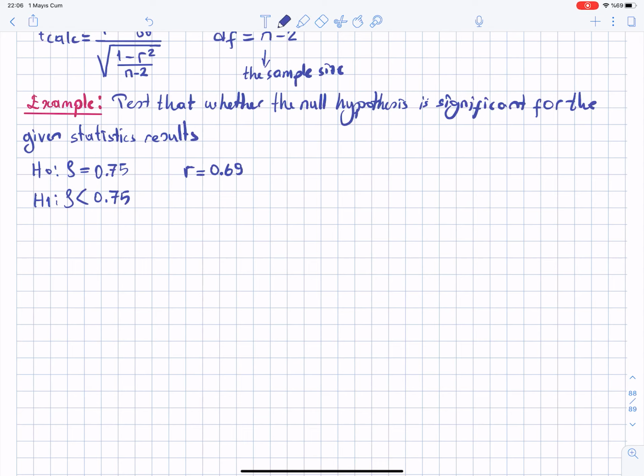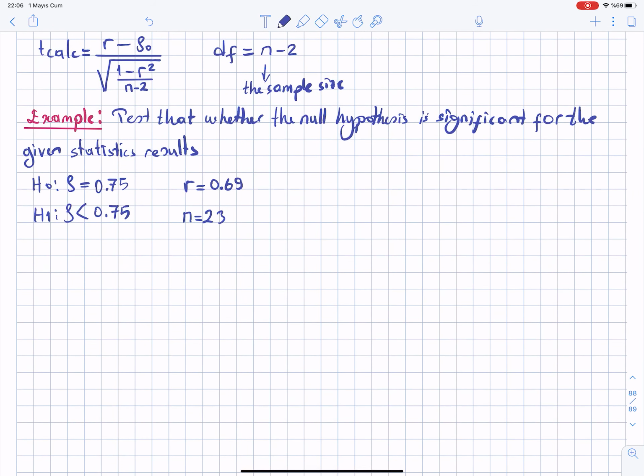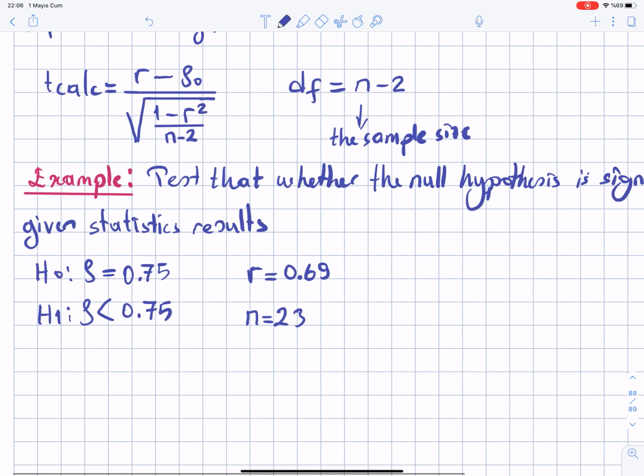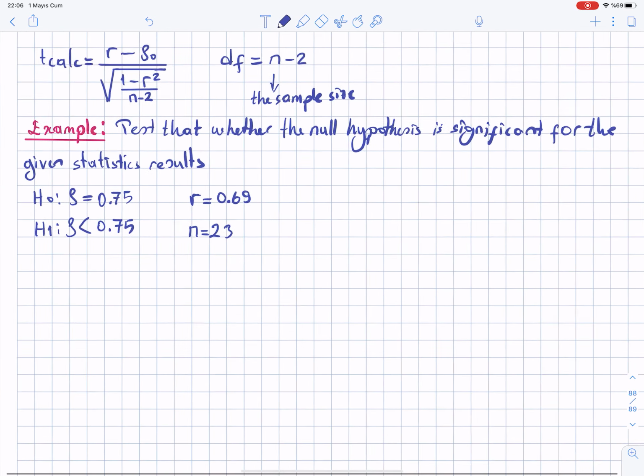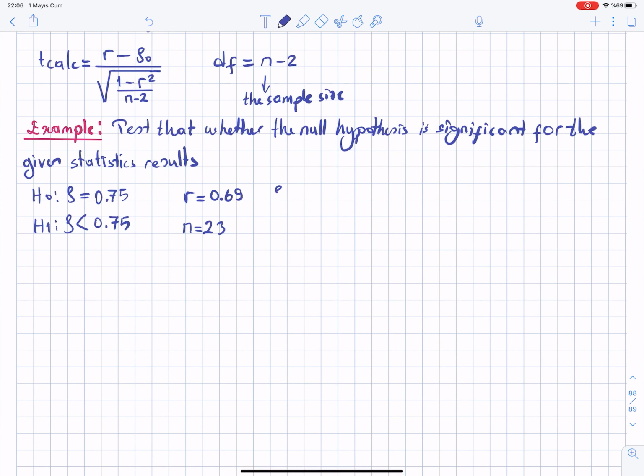This is the given sample correlation, the Pearson correlation, and let's say the sample size is 23. Now let's test the statistic. This is the t-calculated statistic, and rho null in this case is 0.75.